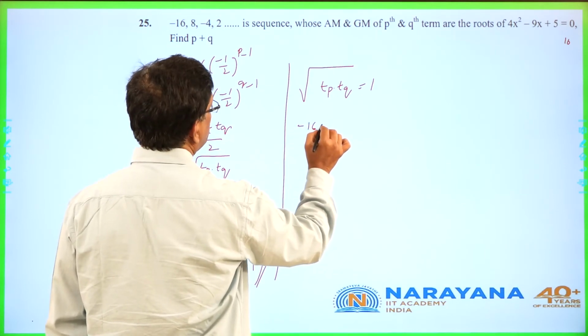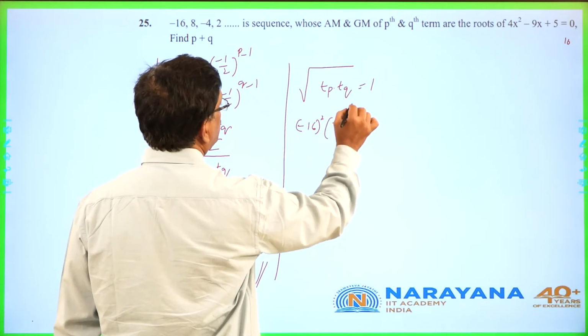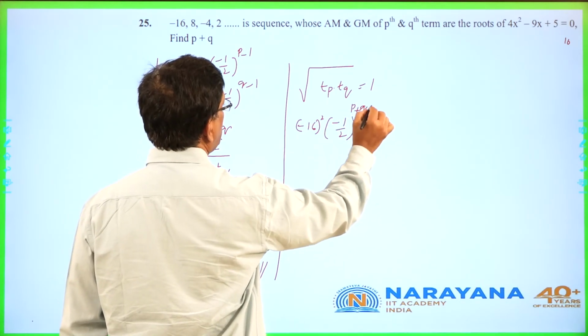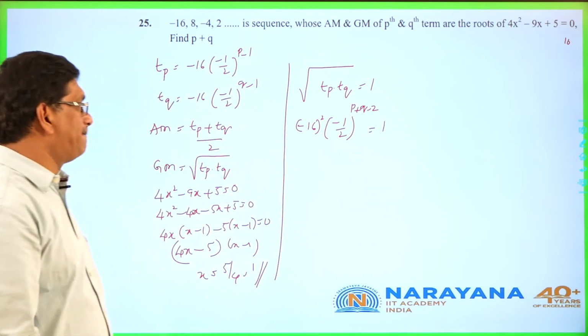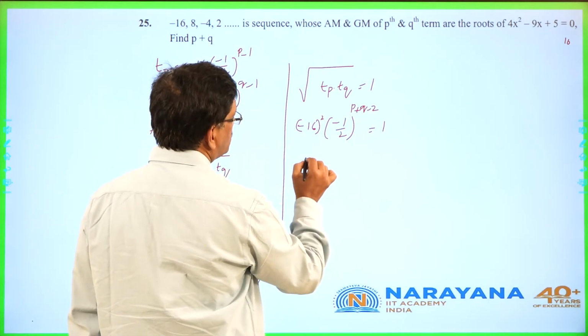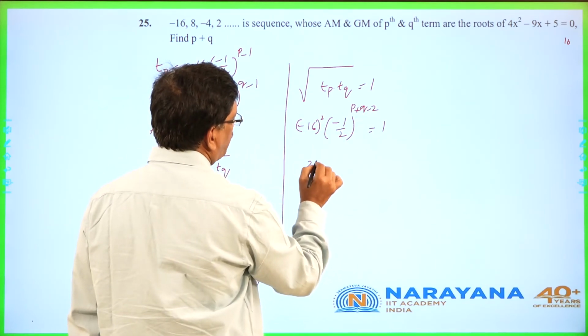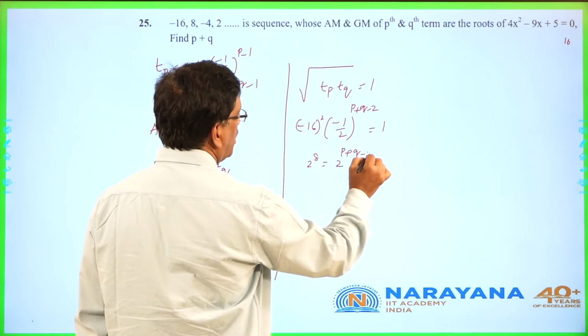Minus 16 whole square into minus 1 by 2 to the power of P plus Q minus 2 is equal to 1. Right? So minus square common, that is 16, 2 power 4, 2 power 8, is equal to like this.